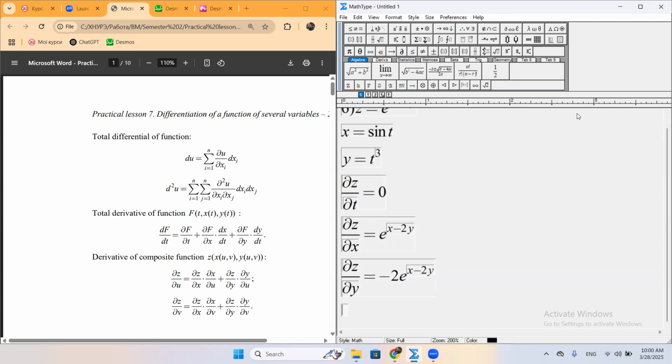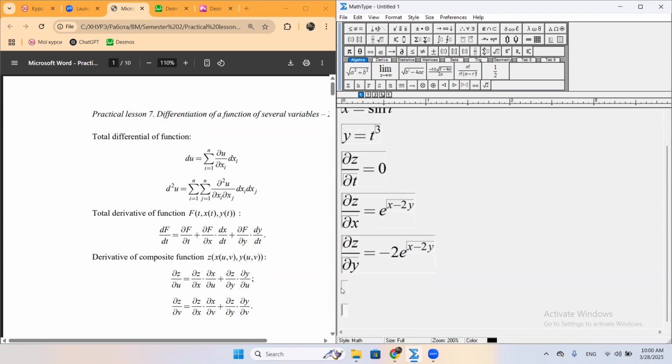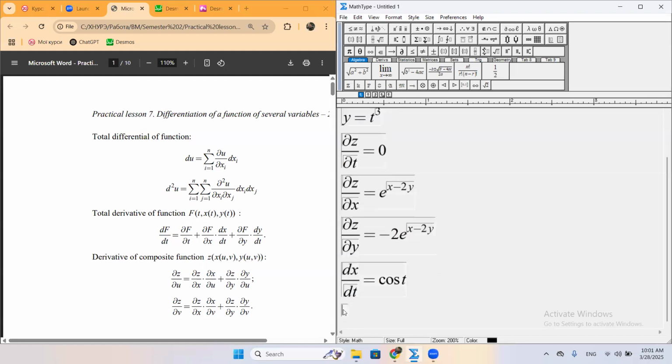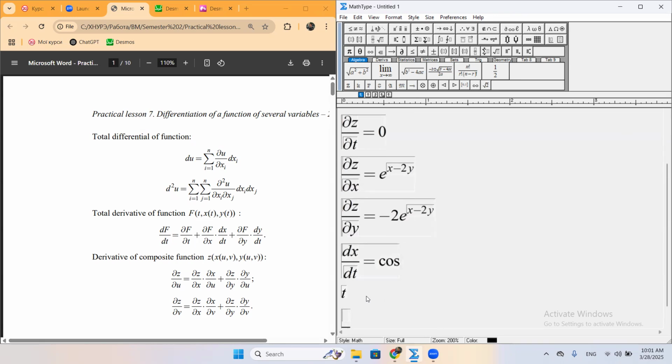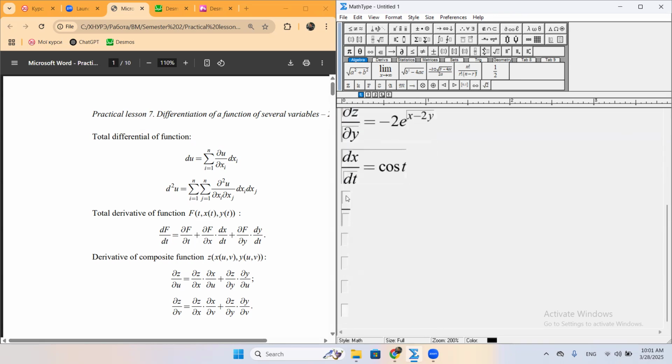Now differentiating x and y. Here we have straight letters d because x and y depend on one variable. So the derivative of x by t is cosine of t, and the derivative of y by t equals 3t squared.